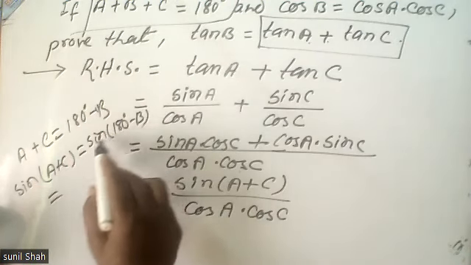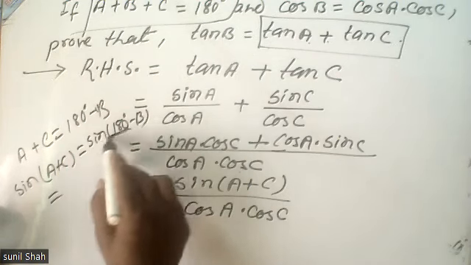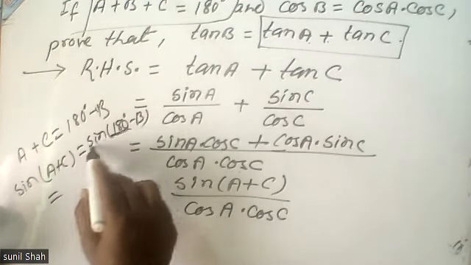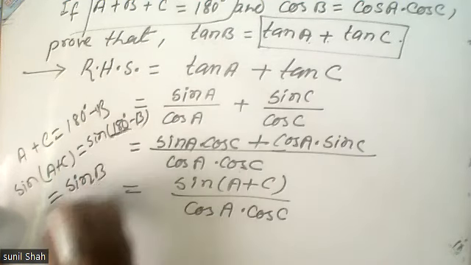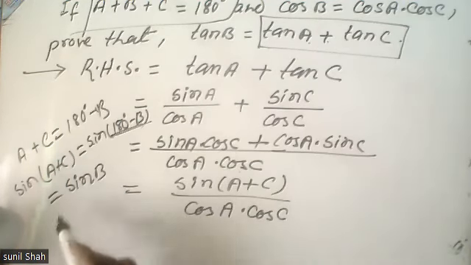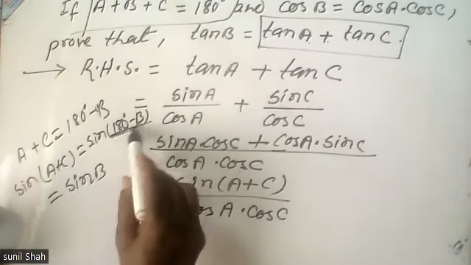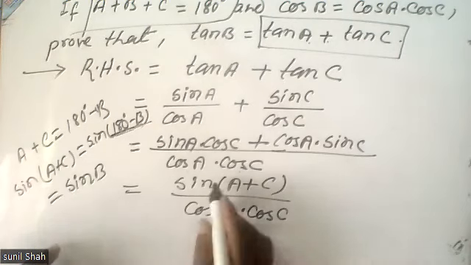It is in the second quadrant, the home for sine, so it will be positive. And in 180, on the horizontal line, the trigonometric ratio remains same. So this is sine B. So sine A plus C is sine B.